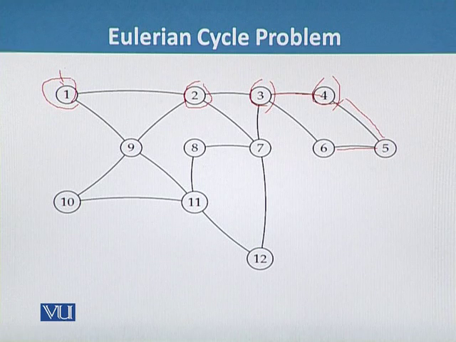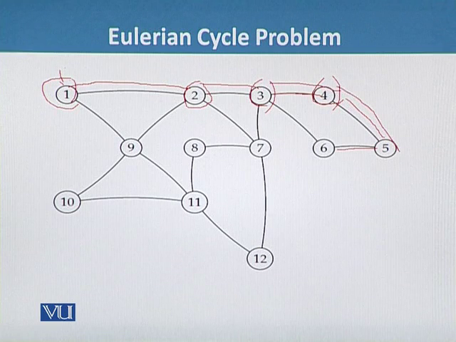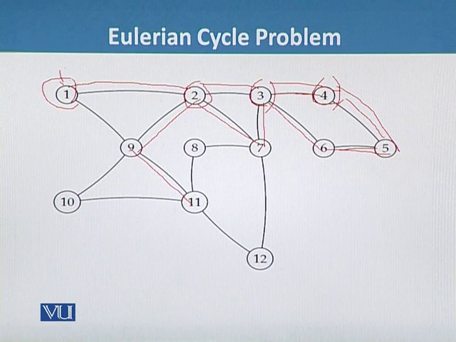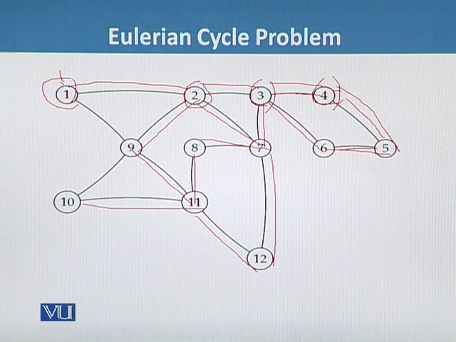The correct path is: we start from island number 1, visit this bridge and reach island number 2, then island 3, then 4, 5, 6, from 6 again to island 3, then 7, then 2, from 2 to 9, from 9 to island 11, from 11 to island 8, then to 7, then to 12, from 12 to 11, then 11 to 10, 9, and then we reach the starting position, island number 1.